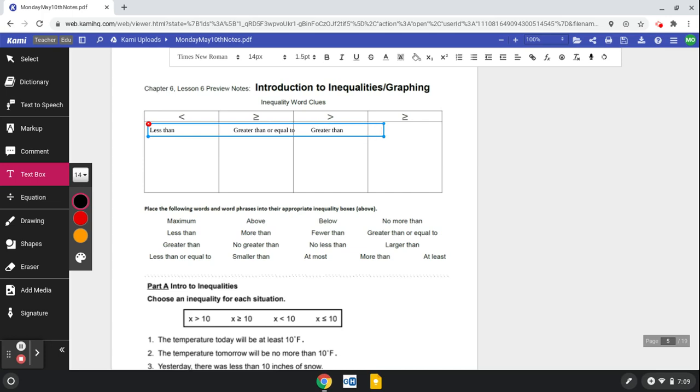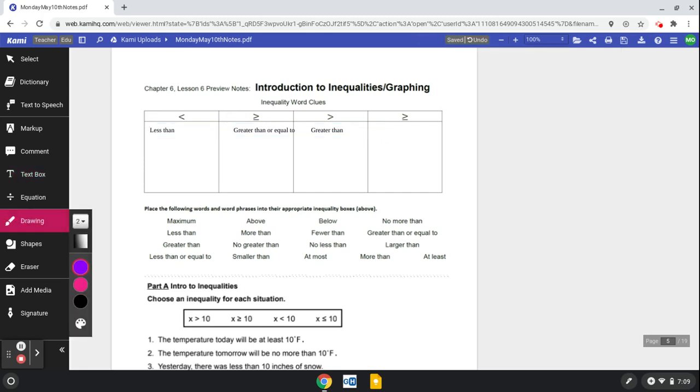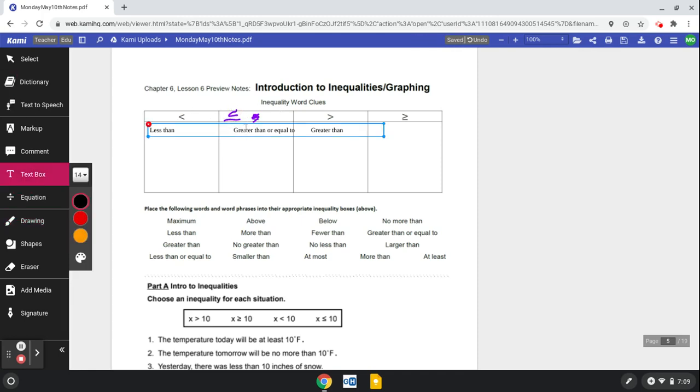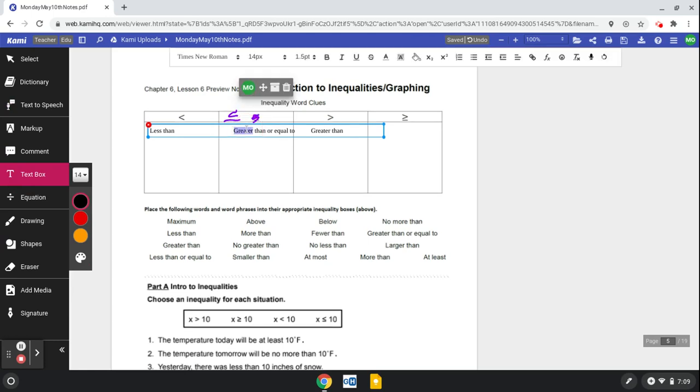I think we meant one of these here. Let's fix this one. Scribble that out. We want less than or equal to. The only thing that changes is that little line underneath. That includes the number that we're talking about as our solution set. Equal to.